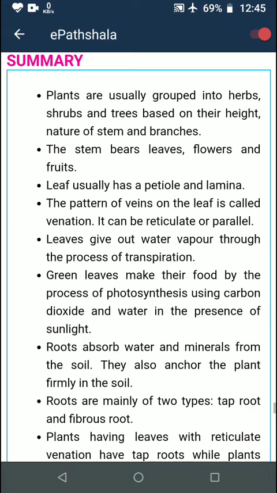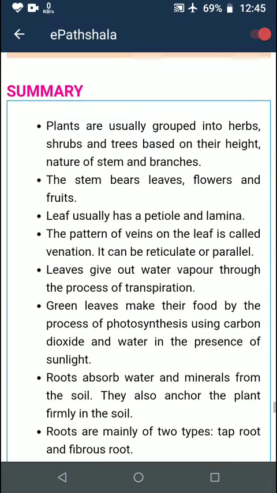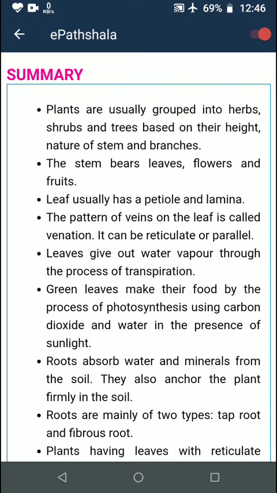Here is the summary of the chapters. Please pay attention to the summary of the chapter.